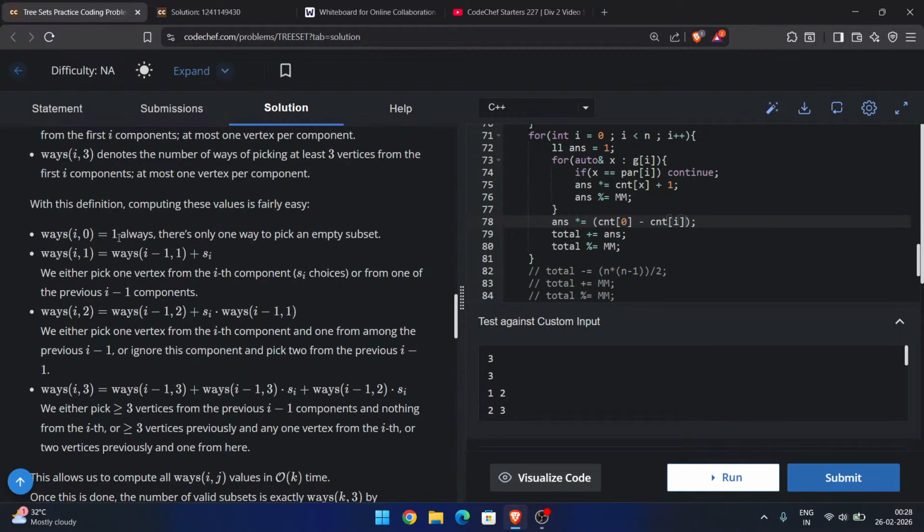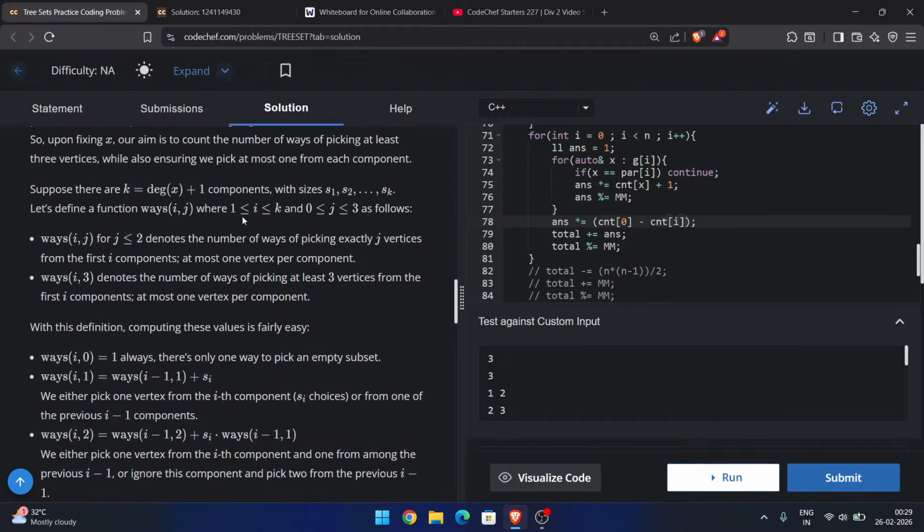Ways of 0 shows one way. There is only one way to pick an empty subset. So what does this state define for j less than 2? That's the number of ways of picking exactly j vertices from the first i components, with at most one vertex per component.